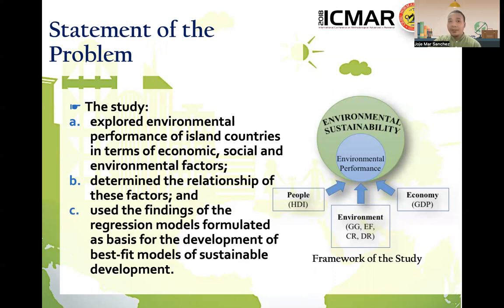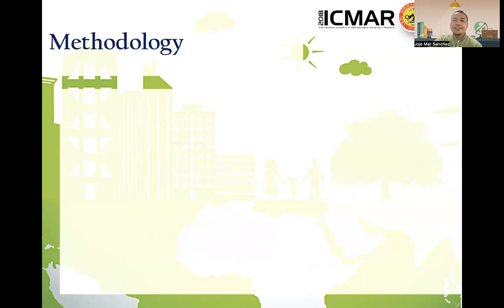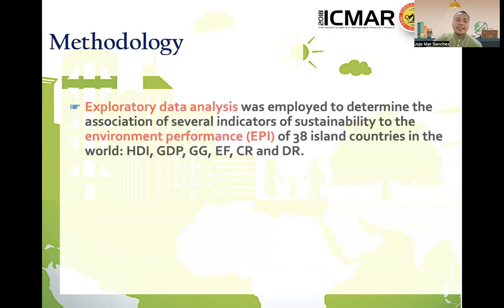Then the economic component will be measured by GDP, or gross domestic product. And the environment dimension has variables such as green growth, GG, ecological footprint, EF, climate risk, CR, and disaster risk, DR.